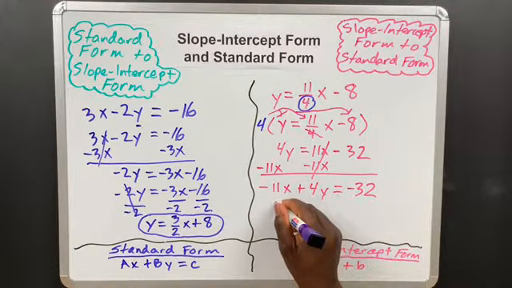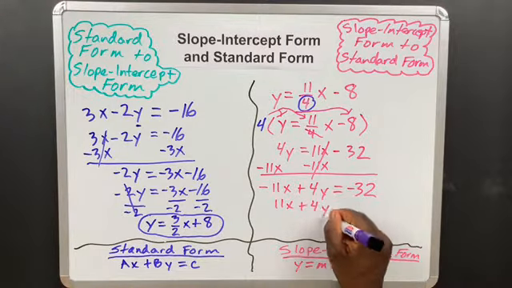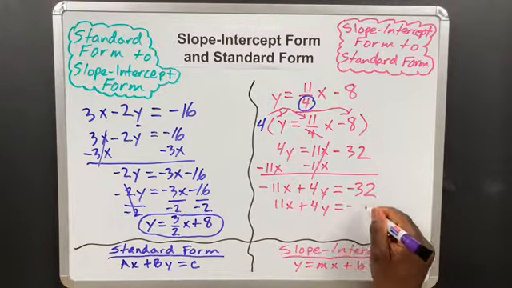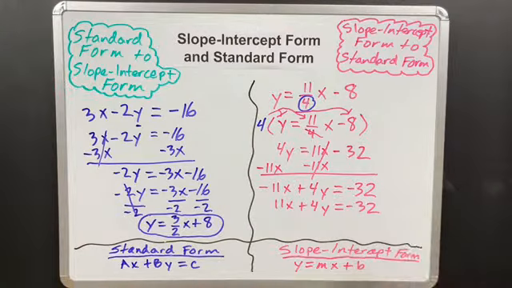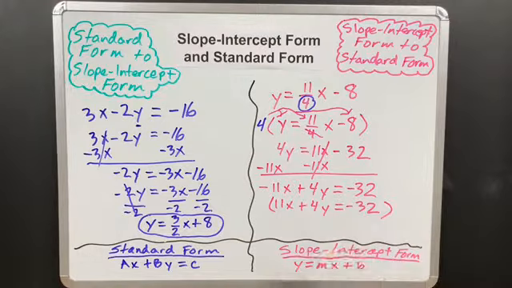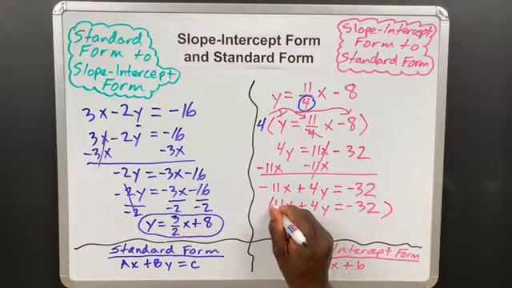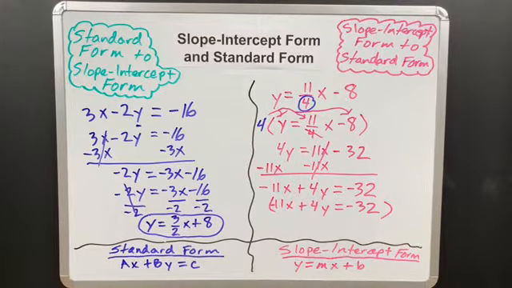First, let me write it again. Negative 11x plus 4y equals negative 32. Remember, I said I'm going to multiply everything. In this case, don't forget that negative is right there. I'm going to multiply everything by -1.